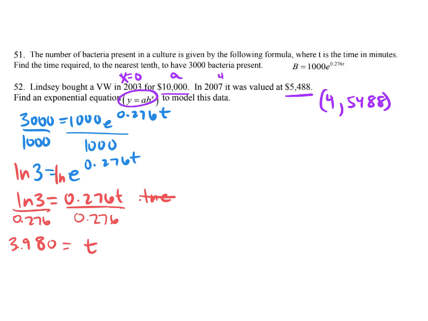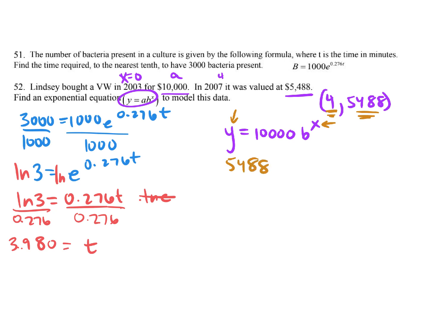Use the model to find the exponential equation. Okay, so we know our A value is 10,000, b raised to the x. That's our step 1. Step 2 is to then take this x, plug it in here, and this y, plug it in here, and solve.